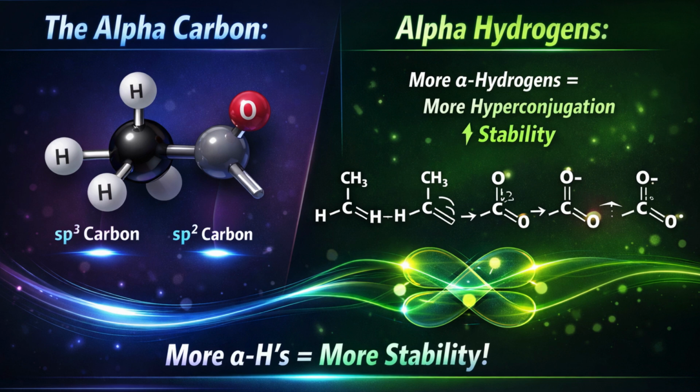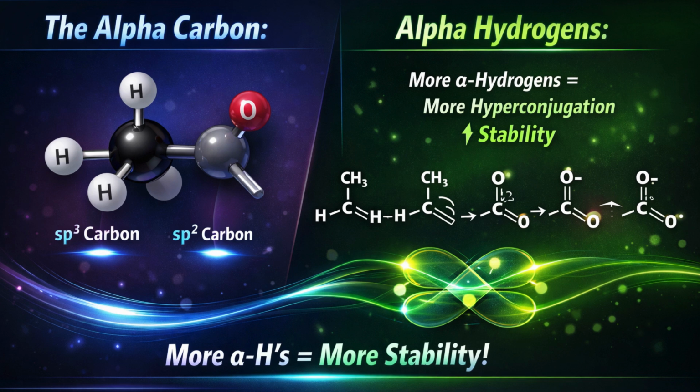Why do some molecules become extra stable just because of nearby hydrogens? Let's unlock the conditions behind hyperconjugation. To understand hyperconjugation properly, you must know its two key conditions. First, the alpha carbon. You must have an sp³ hybridized carbon directly attached to an sp² carbon. In simple words, a single bonded carbon next to a double bond, or next to a carbocation. This setup allows the sigma electrons to interact with the adjacent system.